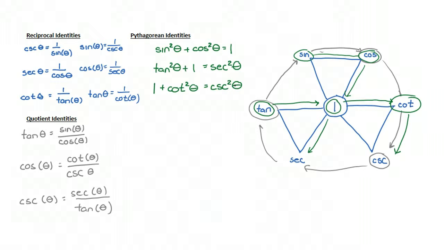And those are your Pythagorean identities. Again, students mostly just learn this first one, but these other two are really useful. Often when you get that tricky question that's slightly harder, it will use one of the Pythagorean identities.